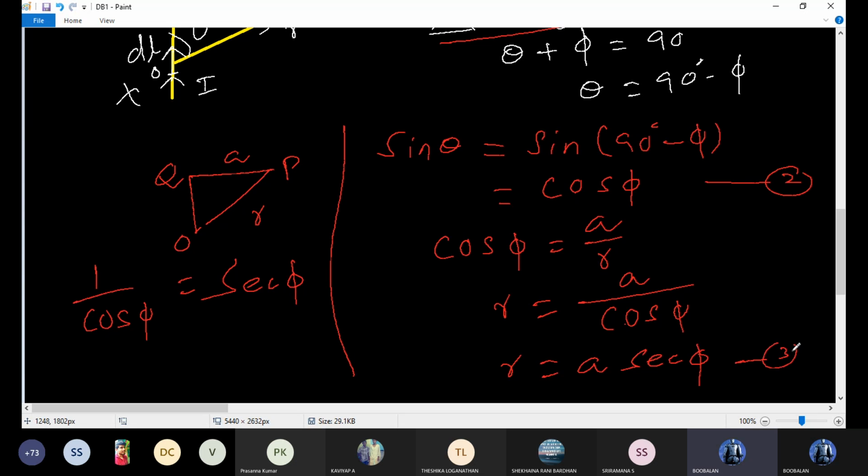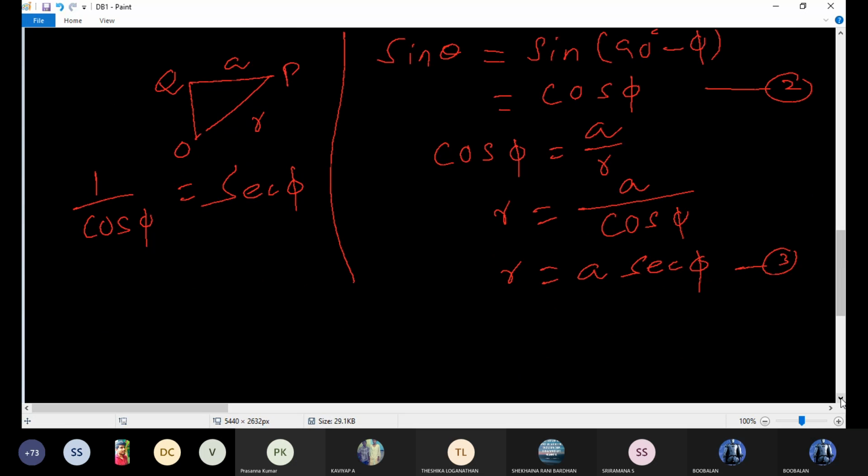So this is equation number 3. Sin by cos is tan. Okay, so taking tan also. It is a lengthy derivation, ma'am.